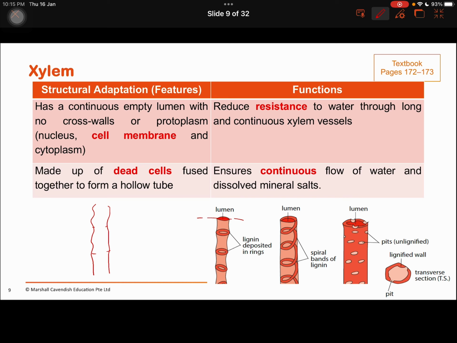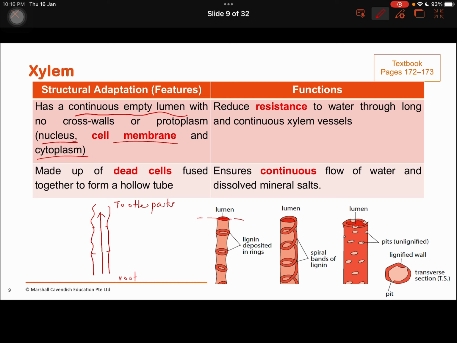But the interesting thing about xylem cells is that it has a continuous empty lumen. It has no nucleus, no cell membrane, and no cytoplasm found in xylem, so that water is able to flow in a continuous manner, from the roots to other parts of the leaf of the plant without any resistance.